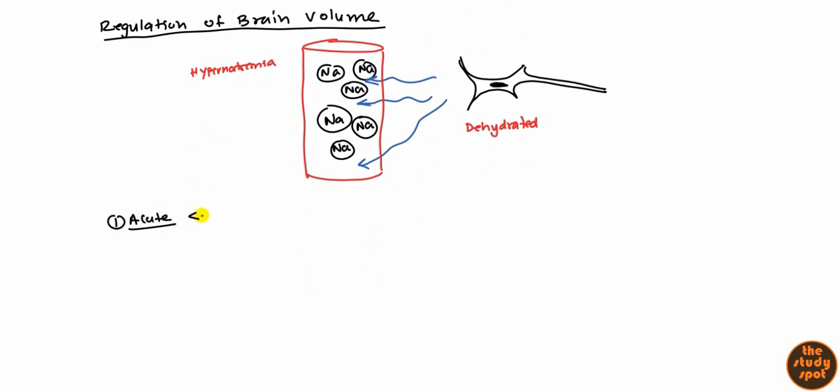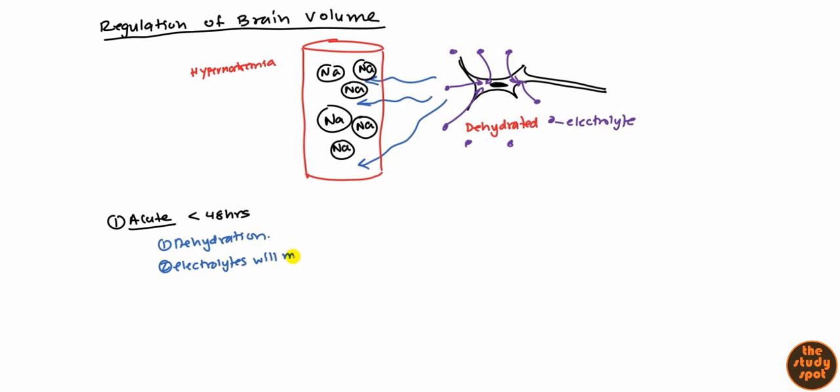Acutely, by which I mean within 2 days, in the initial stage you get dehydration of the cell. However, the neuron is surrounded by electrolytes, and when it gets dehydrated, suddenly you have a high concentration within the cell, so these electrolytes will begin to move into the cell, and as they do, the water will follow.